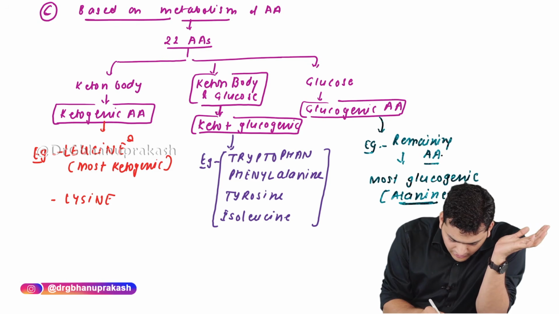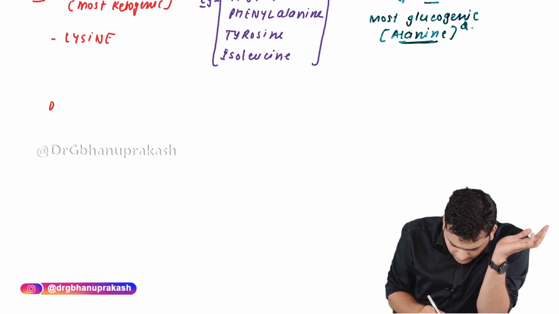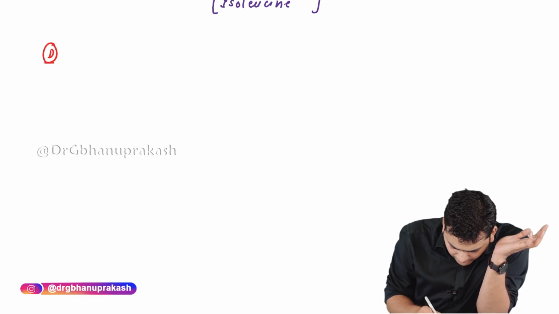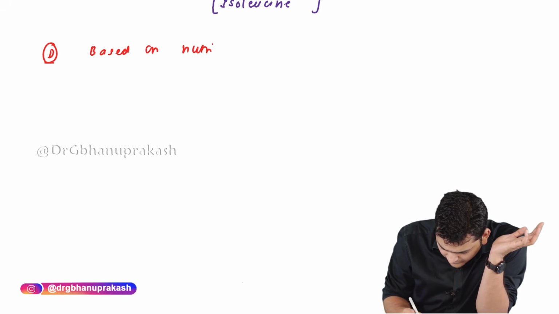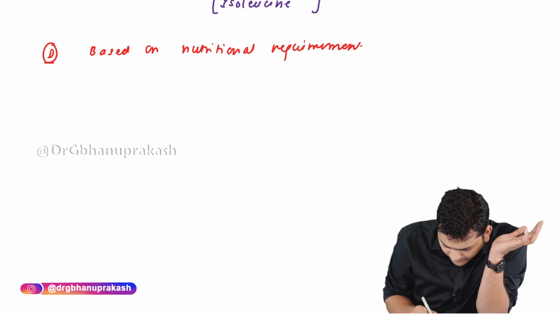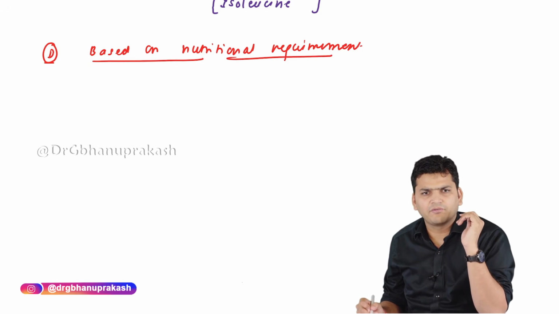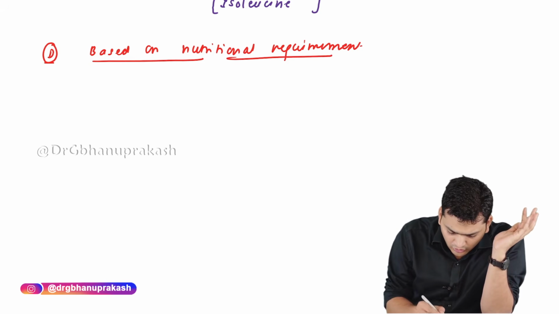The fourth classification of amino acids is based on nutritional requirement. You may have heard about the subcategories earlier also.